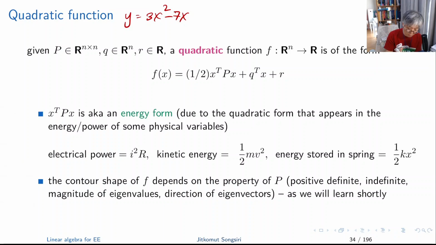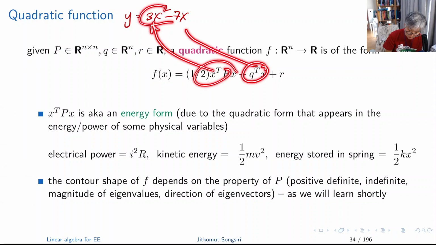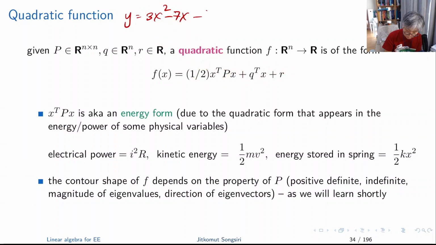In vector form, our quadratic function involves first the energy form in x using the coefficient P, but it also could have the linear term and the constant term. So this is a generalization of this term, the linear function is a generalization of this term, and the constant value.